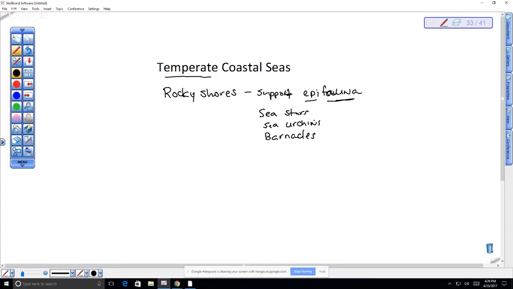Okay, so those all attach to the surface, and so they can stay there and they don't get washed away when the tide comes and goes. And so if we look at the sandy shores, there's not as much to see right away because the animals are actually underground. So animals are buried in the sand.